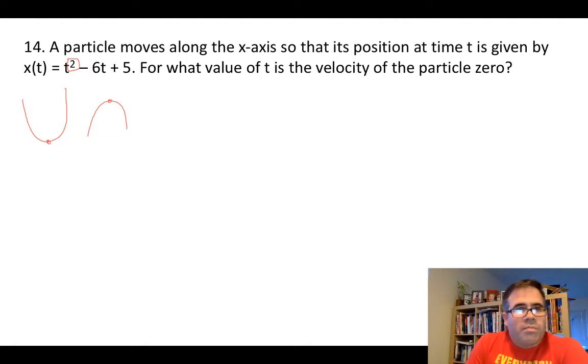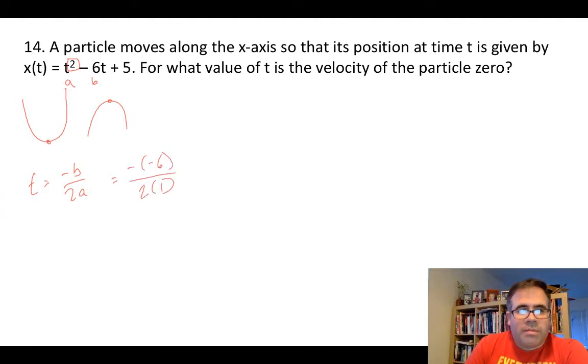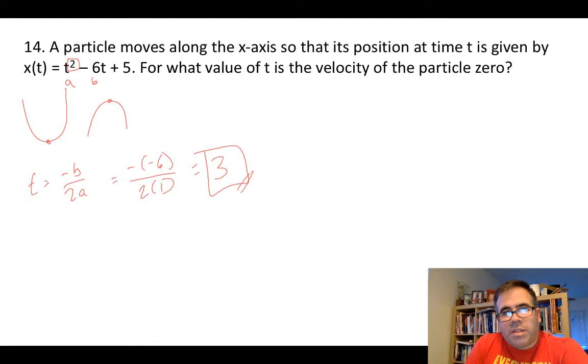That's the t coordinate of the vertex. Vertex is at t equals -b over 2a, where this is b, this is a. So that's going to be 6 over 2 times 1. 6 over 2 is 3. So you don't really need calculus for this if you know a little bit about quadratic functions.